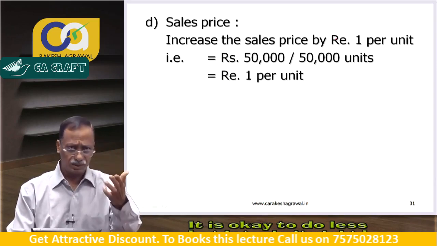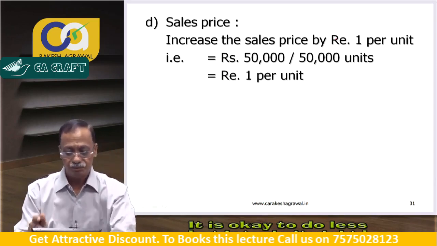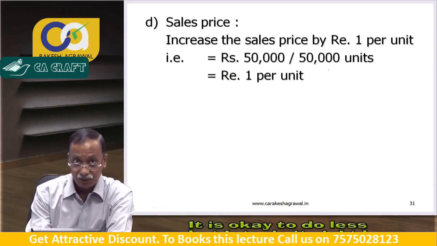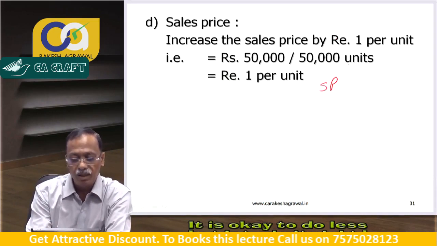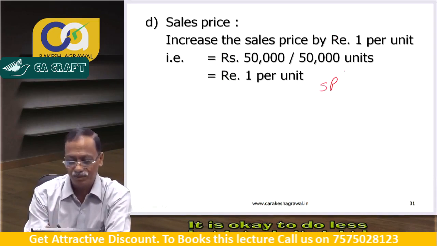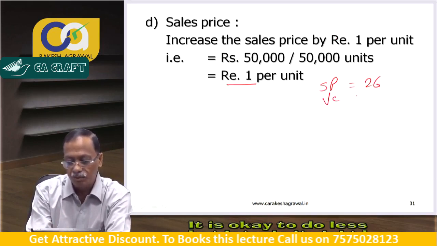Now we can cross check this if you want. How? Whether this is correct or not. Your selling price earlier was 25 rupees. Now we have increased the sales price by 1 rupee. So now it will become 26 rupees. However, variable cost per unit will remain same, 15 rupees. So contribution per unit will become 11 into quantity sold same, that is 50,000.